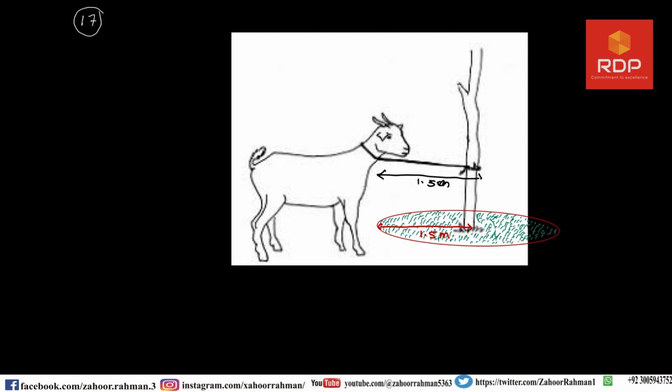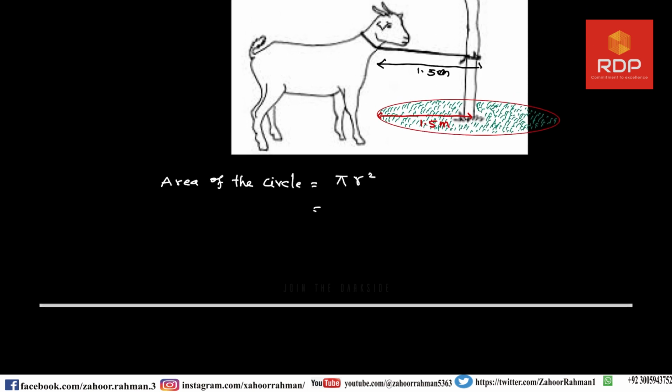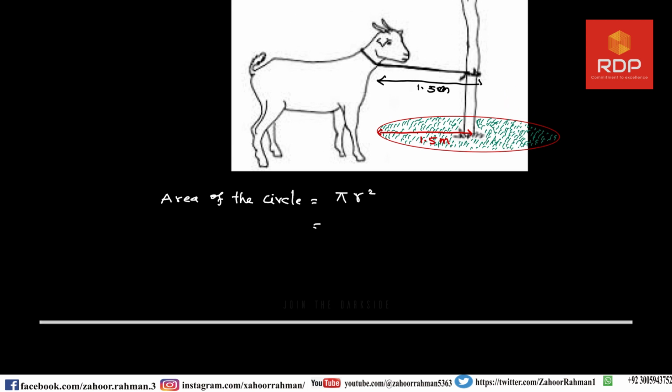So then we will calculate the other things. First of all, we have to find the area of the circle. Area of the circle, and you know that area of the circle is equal to pi r square.